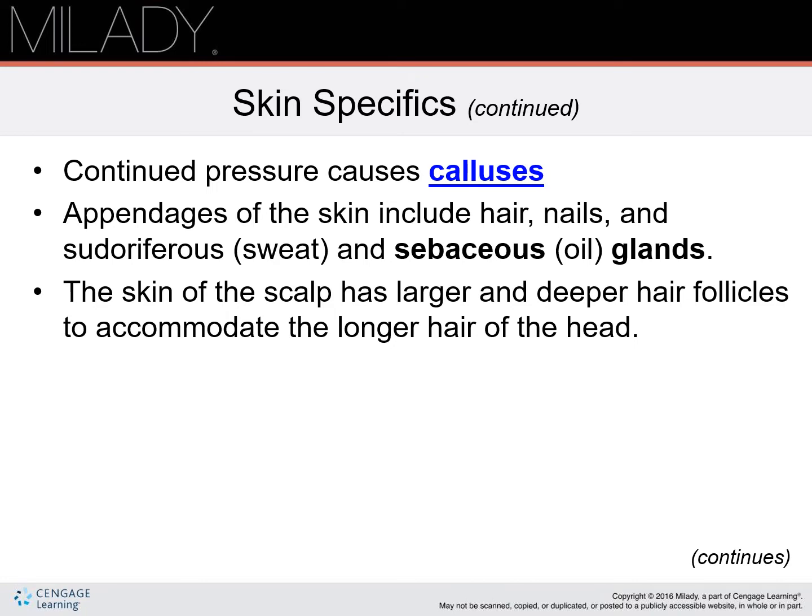Appendages of the skin are going to include hair, nails, sweat glands, and oil glands. Continued pressure is going to cause calluses, which is hardened skin. The skin of the scalp has larger and deeper hair follicles to accommodate the longer hair on the head.